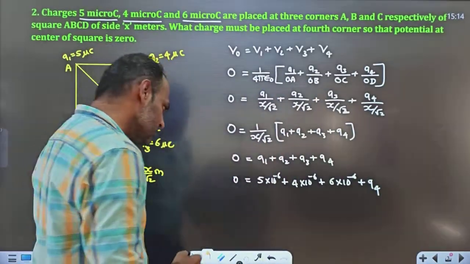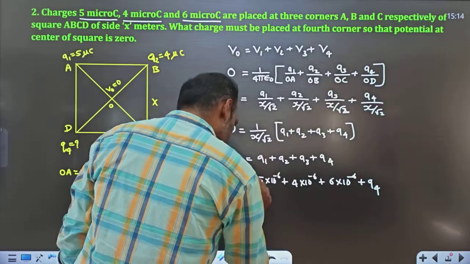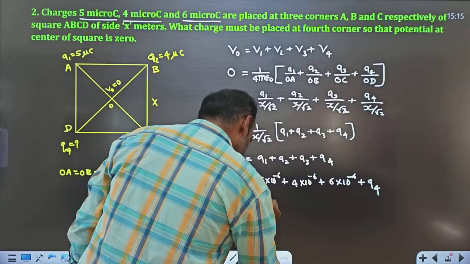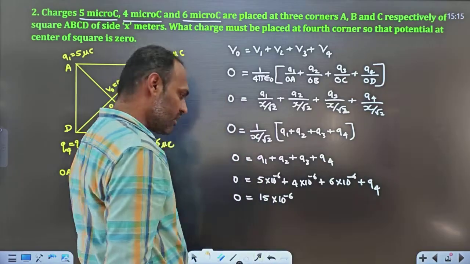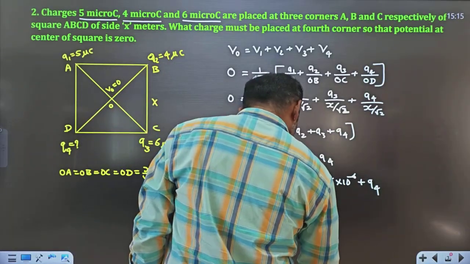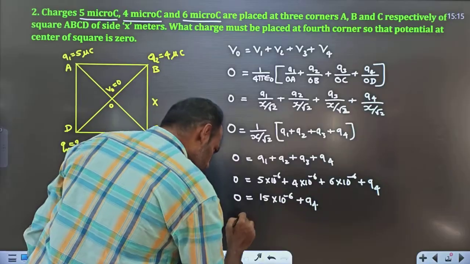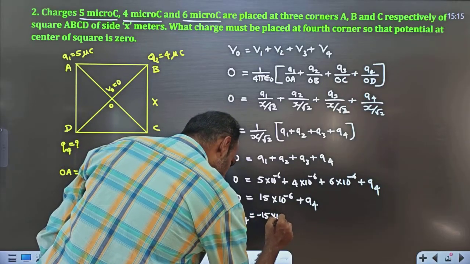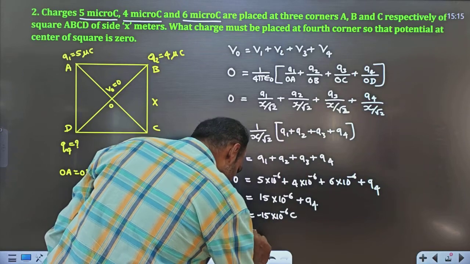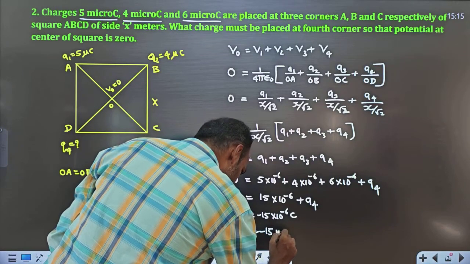Add all this. What will you get? 5 plus 4 is 9, 9 plus 6 is 15. So 15 into 10 to the power minus 6 plus Q4. So Q4 is equal to minus 15 into 10 to the power minus 6 coulomb, or simply you can write it as minus 15 microcoulomb.